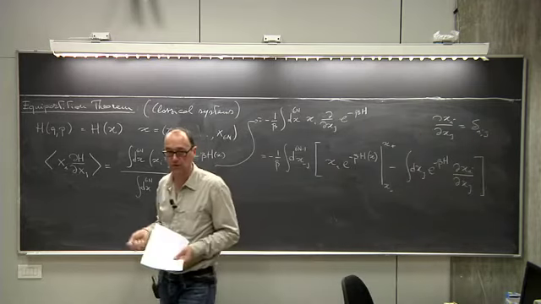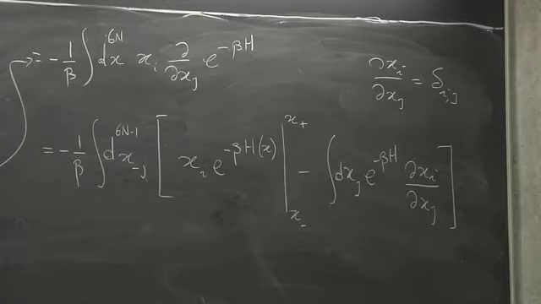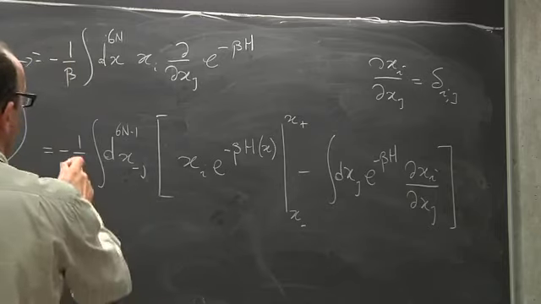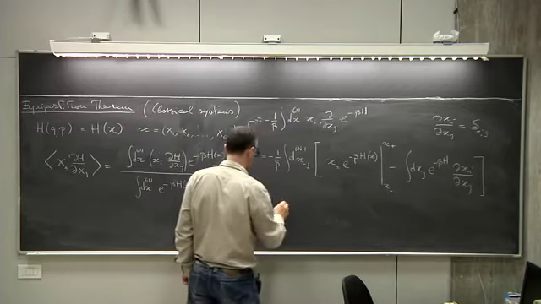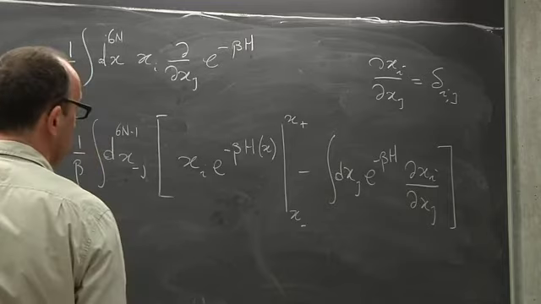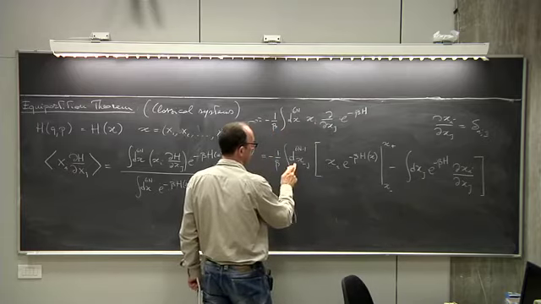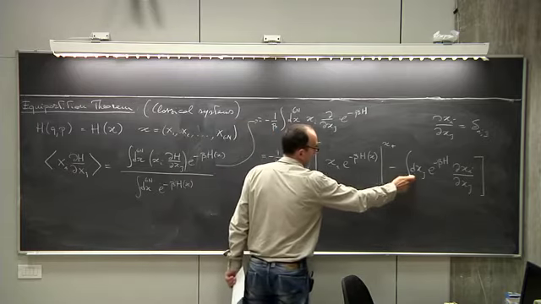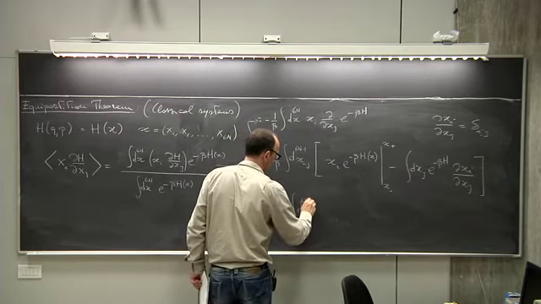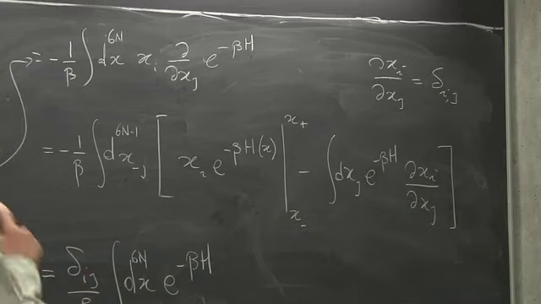It is 0 if i is different from j, and 1 if i is equal to j. This is the Kronecker delta. So I will have minus and minus, delta ij divided by beta times an integral, and the integral I am left with is just the integral over all the 6n coordinates of e to the minus beta H.